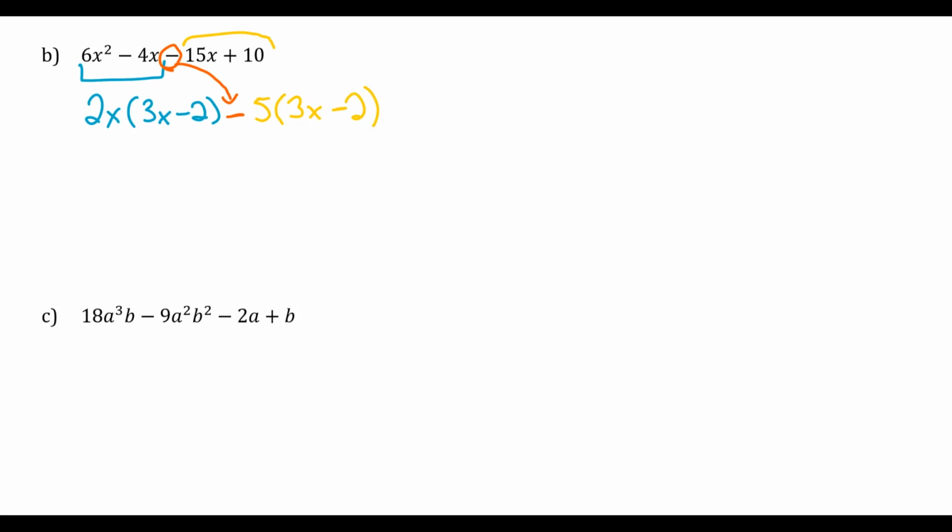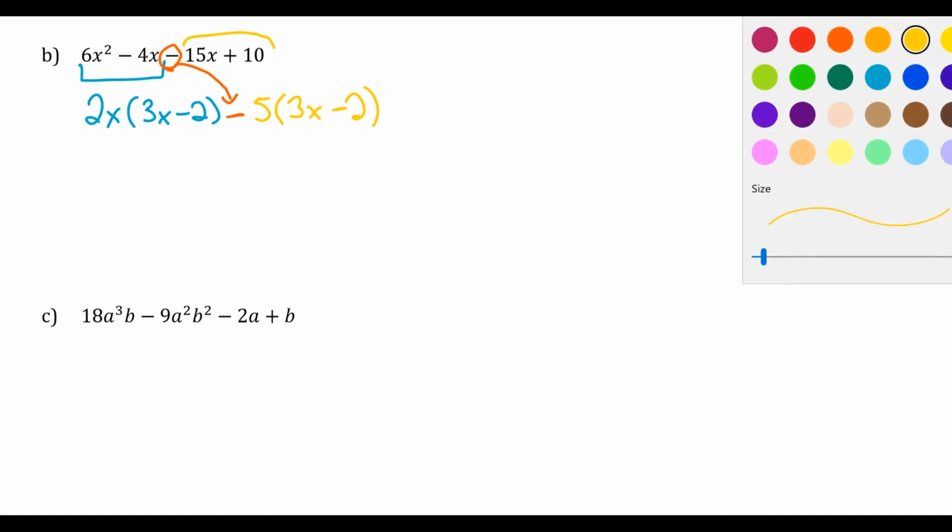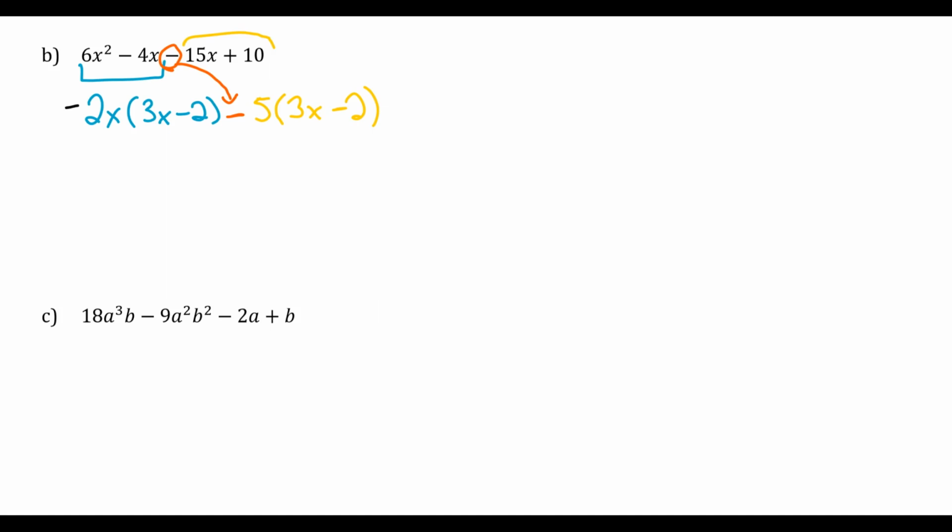Because whenever I distribute a negative 5 in here, I get negative 5 times 3x gives me that negative 15x. Negative 5 times a negative 2 gives me that positive 10. So I have to be a little bit careful whenever I have to factor out that negative sign. It changes the sign of my term inside.